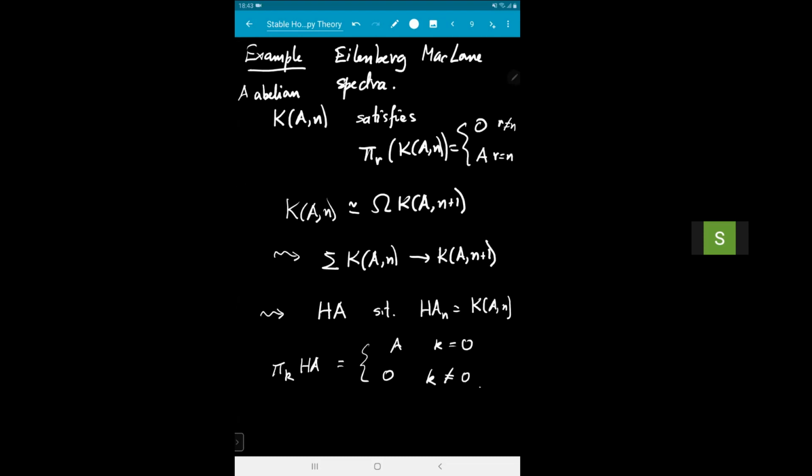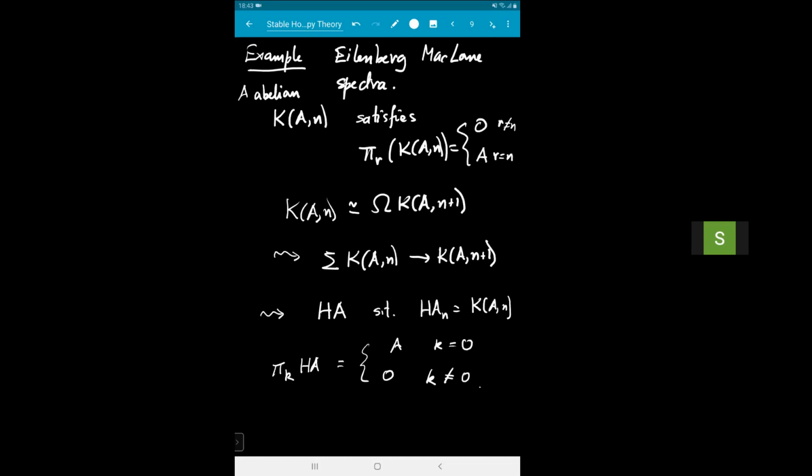So these are Eilenberg-MacLane spectra. Their homotopy groups are all concentrated in degree 0, and it is 0 outside 0.